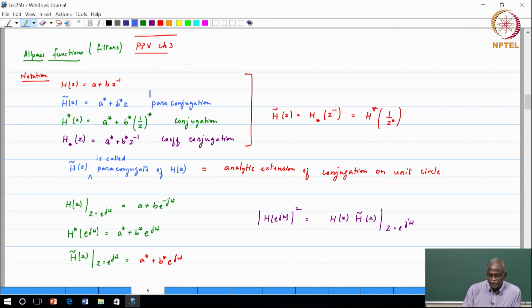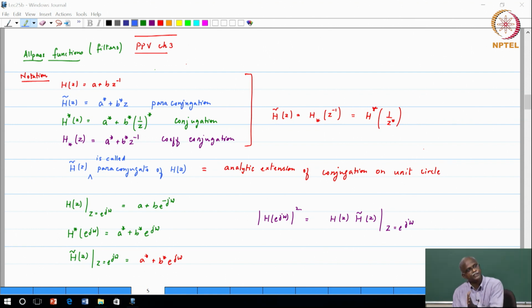The first one is paraconjugation, which represents conjugation of the coefficients and Z replaced with Z inverse. This gives us two alternate definitions. One is the direct representation, where you do conjugation of the coefficients and replace Z with Z inverse.